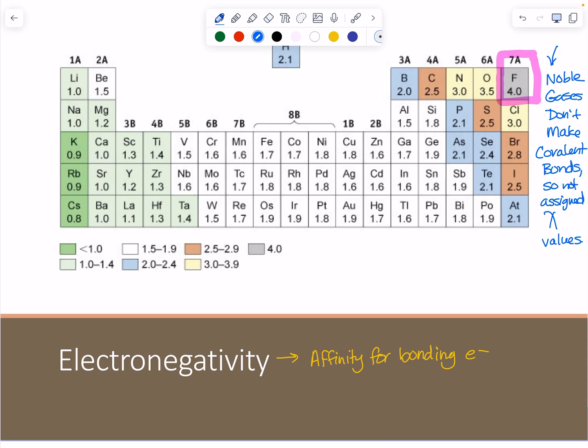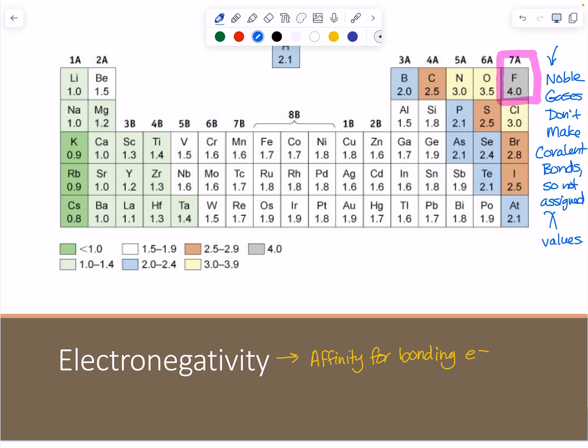Now, you may notice that the alkali metals and the alkaline earth metals have electronegativity values assigned to them. They don't really make covalent bonds. They make ionic bonds, right? So what we're really talking about is elements that participate in bonds. The noble gases like to stay by themselves.